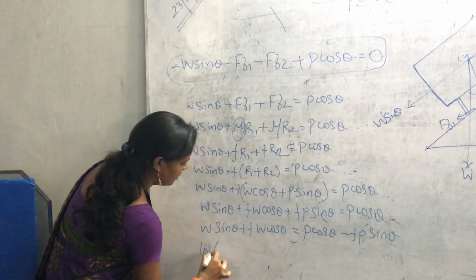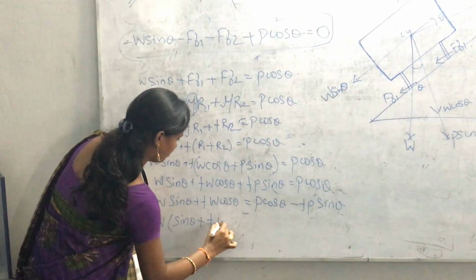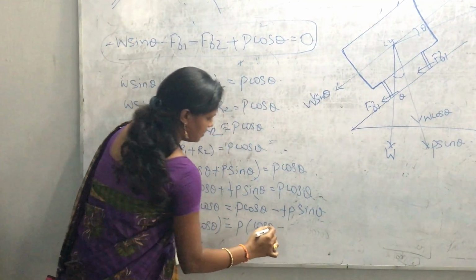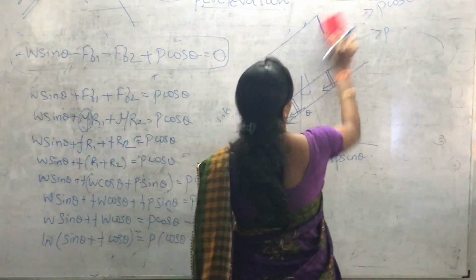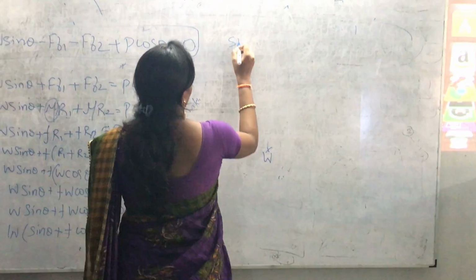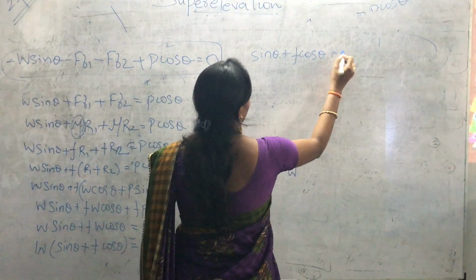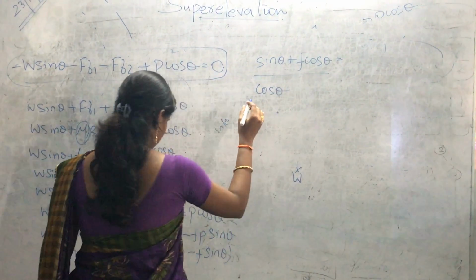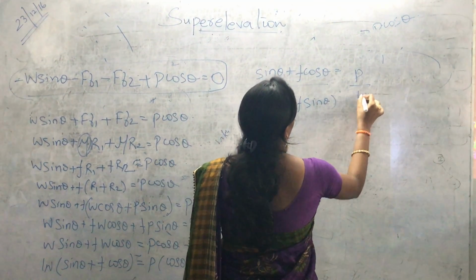Take W common: W into sin theta plus f cos theta is equal to P into cos theta minus f sin theta. Dividing, sin theta plus f cos theta divided by cos theta minus f sin theta is equal to P by W.